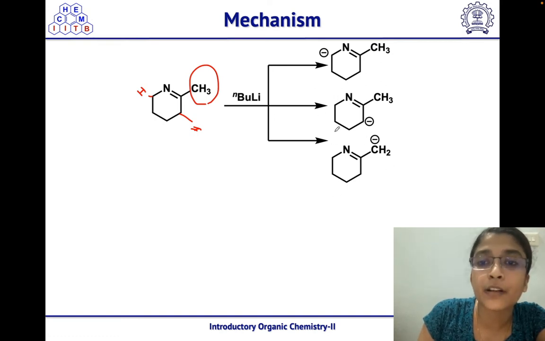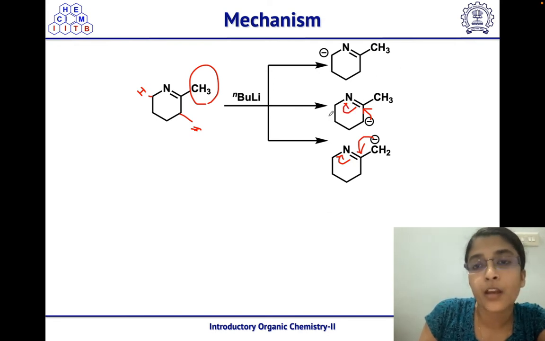Out of these three, in case number 2 and case number 3, these can be stabilized because of this resonance. Here there is a chance for resonance, so these two can be stabilized. Here there is no such chance for resonance stabilization.